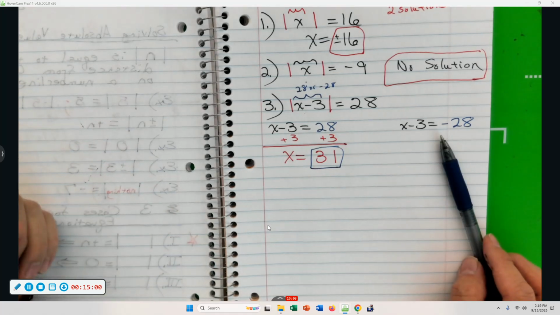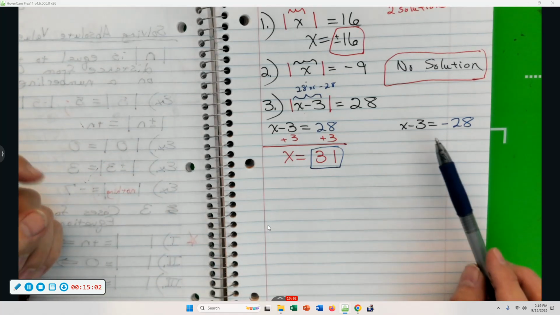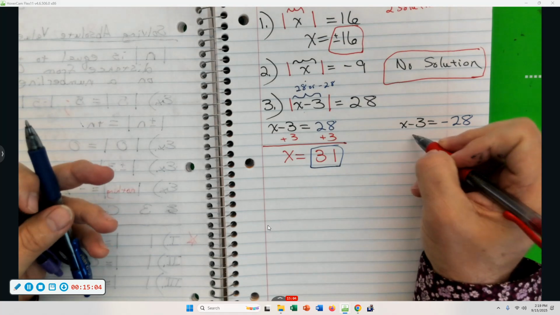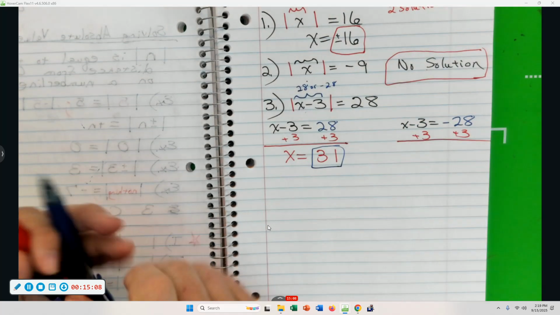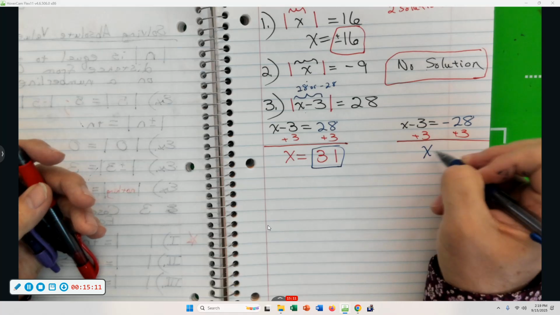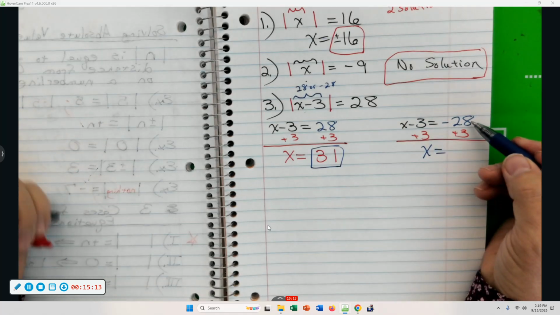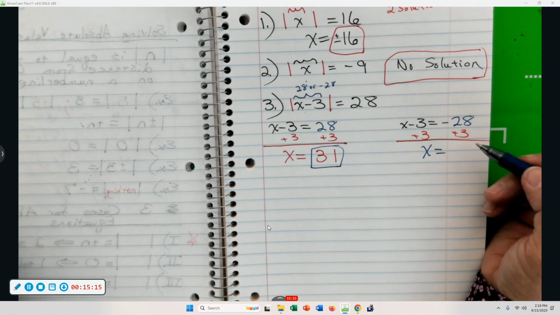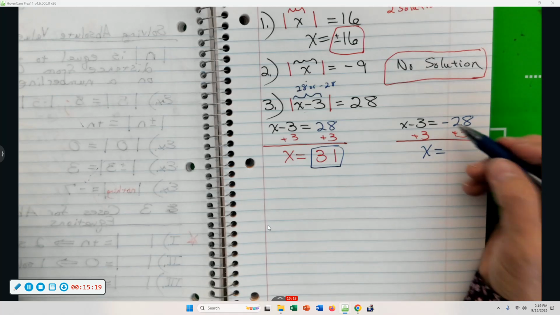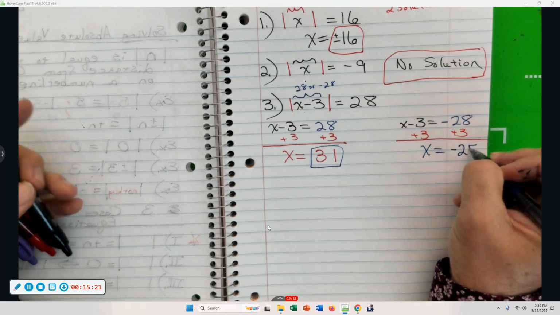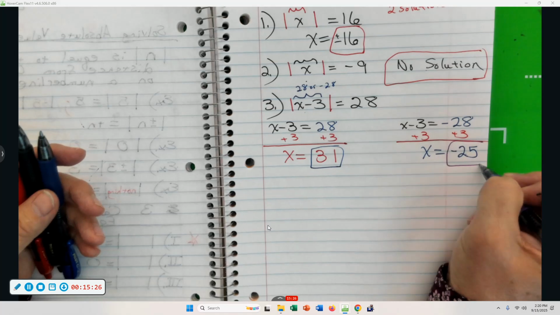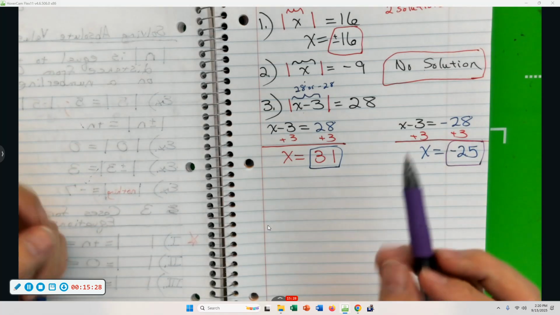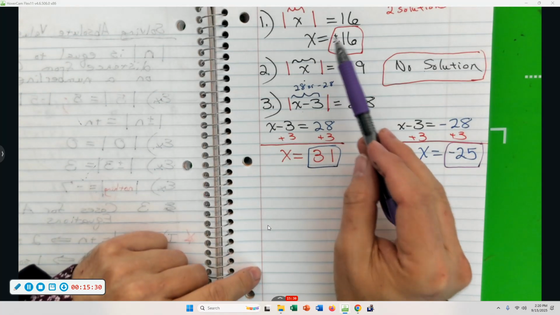Here, add the 3 again to give me x equals negative 28 plus 3. Be careful. It's not just 25. It is a negative 25 for the second solution. Realize your answers aren't always going to be the positive and negative of the same number.